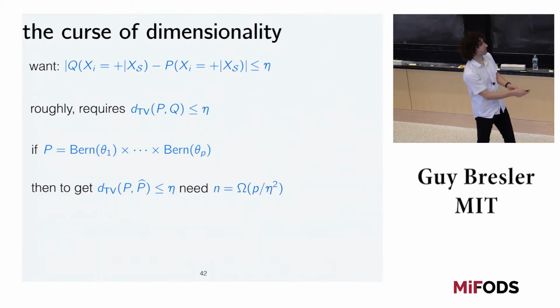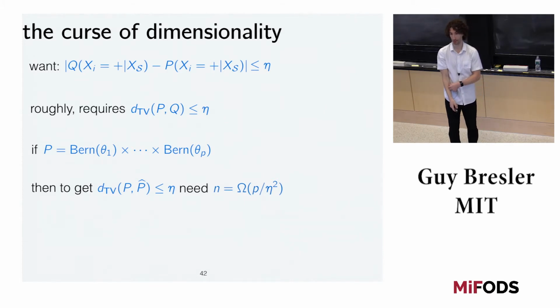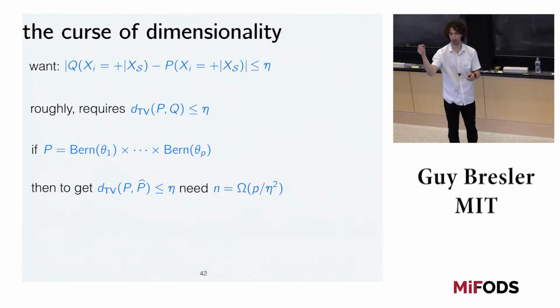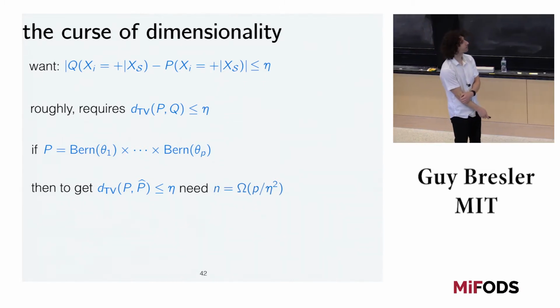This is still the sample complexity with each sample being p-dimensional. It's getting harder and harder to estimate the whole distribution to within a given total variation as the dimension grows. So then you need more and more observations of each node. Yeah.